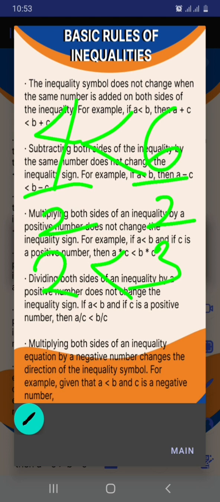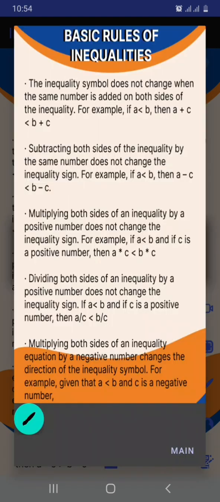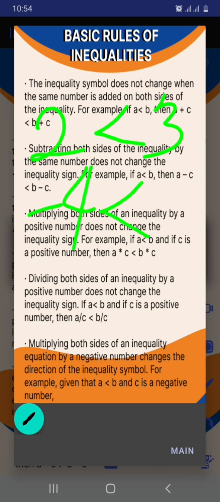This last rule having to deal with division and multiplication by negative values, it's definitely going to lead to a change of sign. That is, 2 is less than 3. If I should multiply by a negative value, let's say multiply by minus 2, we're going to have 2 times minus 2 gives us minus 4. Less than 3 times minus 2 gives us what?